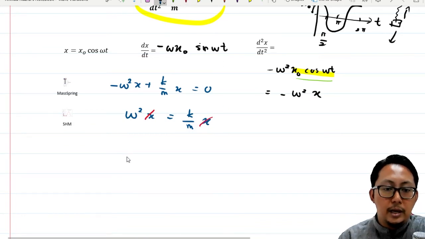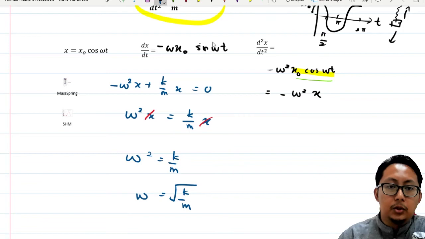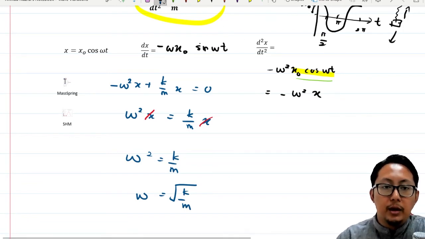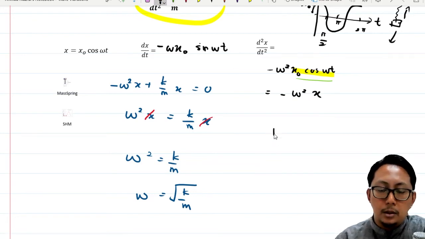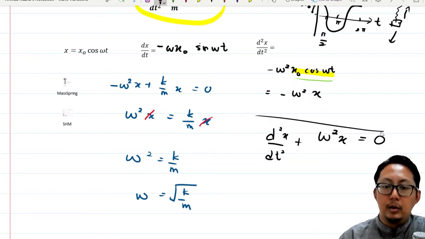From this we get omega square is equal to k over m, or omega is equal to the square root of k over m. So from the equation of motion, we have d square x over dt square for the mass spring system plus omega square x equal to 0. This will be the main equation.